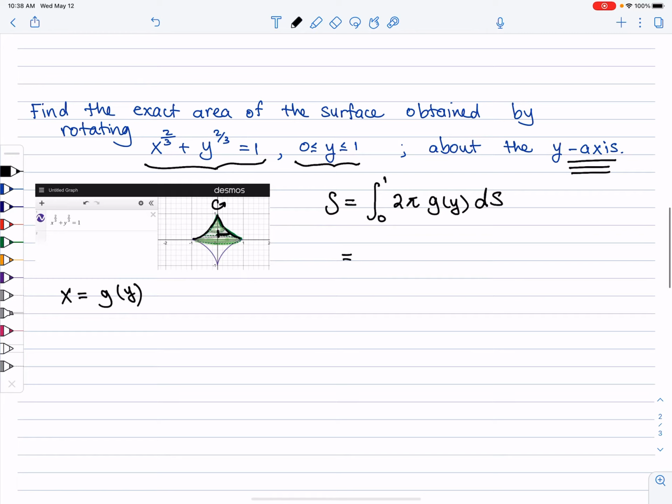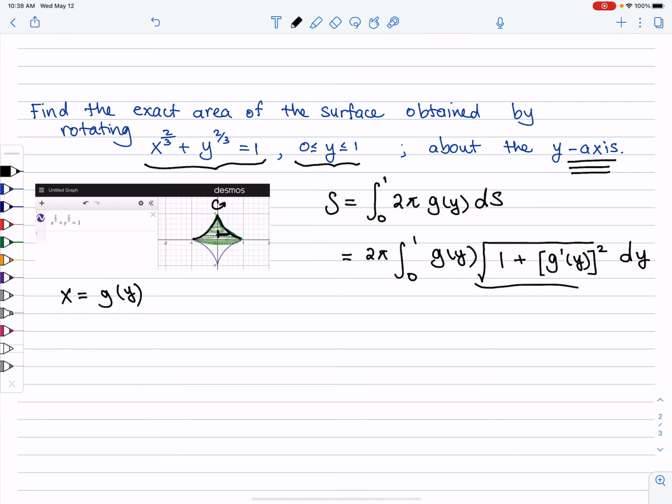So this is equal to 2 pi, the integral from 0 to 1, g of y times the square root of 1 plus g prime of y squared dy. So this part here is your ds.